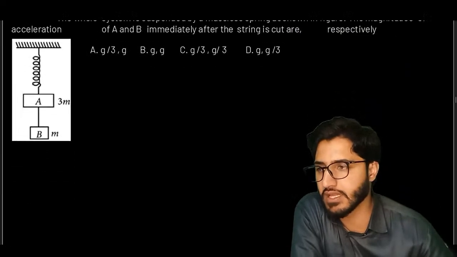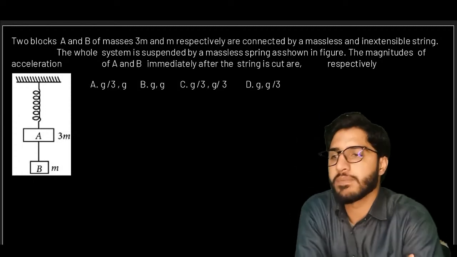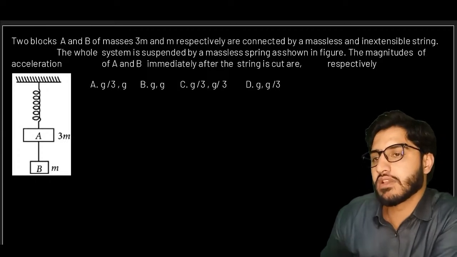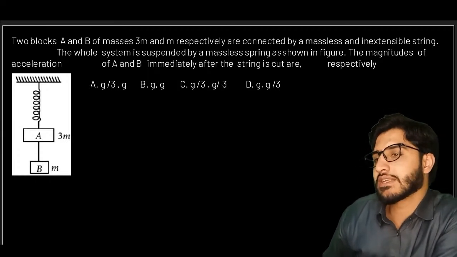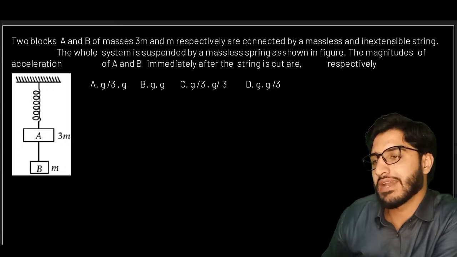Okay, next numerical. Two blocks A and B of masses 3m and m respectively are connected by a massless and inextensible string. The whole system is suspended by a massless spring as shown in the figure. What are the magnitudes of acceleration of A and B immediately after the string is cut?